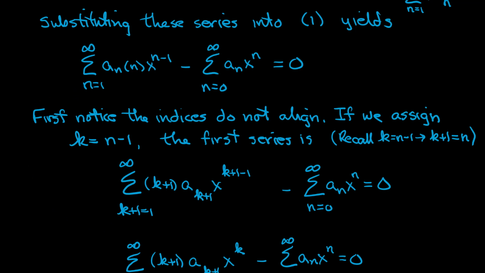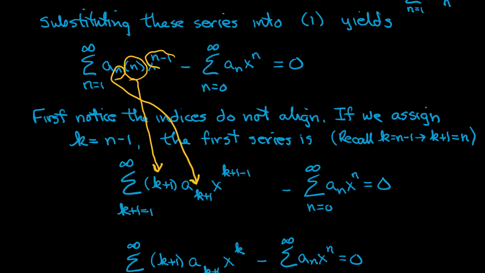Okay, so on the left-hand side here, I know that my n is the same thing as k plus 1. Substitute that in. The second power series, I'm going to leave alone. I'm just focusing on redoing the first one. Notice in every position where there was an n, it's now replaced by k plus 1.